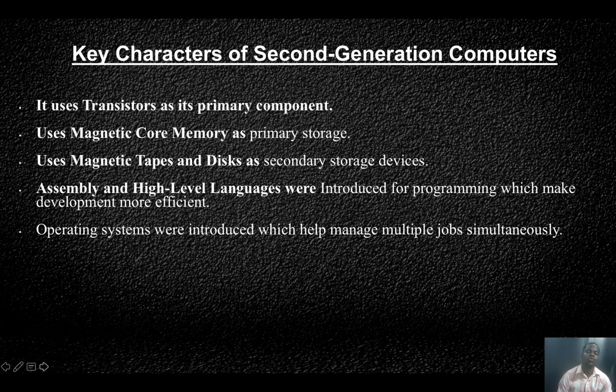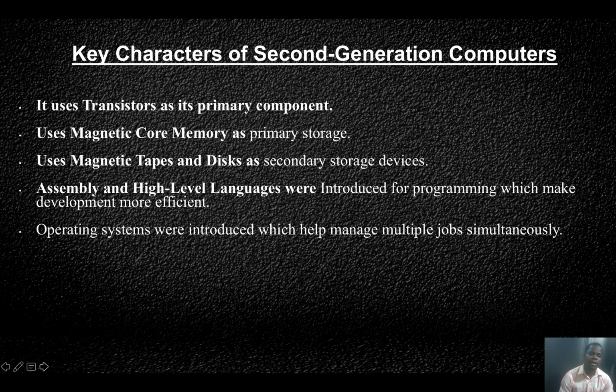Now we want to move to the key characteristics of second generation computers. What are some of the things that were used? The transistors were used as their primary component. Unlike the first generation computers, which use vacuum tubes as their primary component, the second generation uses transistors as its primary component.